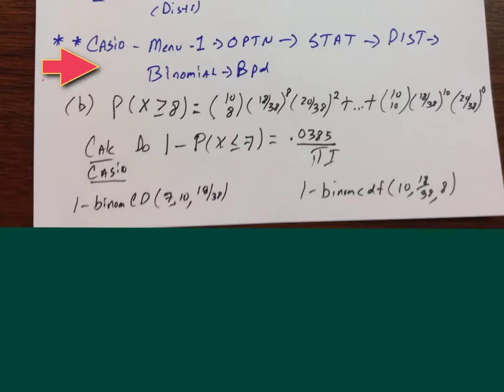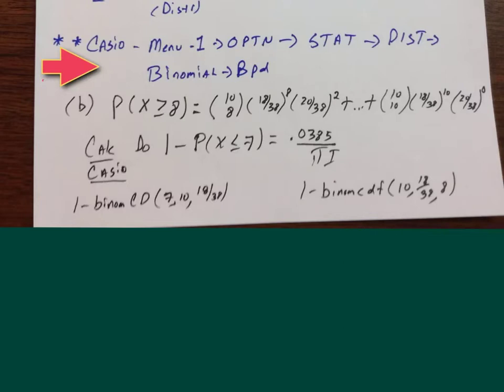The function BCD or binomCDF in the TI is for the cumulative probability of the events occurring prior to that number, which is discrete. So if you want the probability that X is less than or equal to 7, you're getting the probability of 0, and the probability of 1, the probability of 2, all the way through the probability of 7.